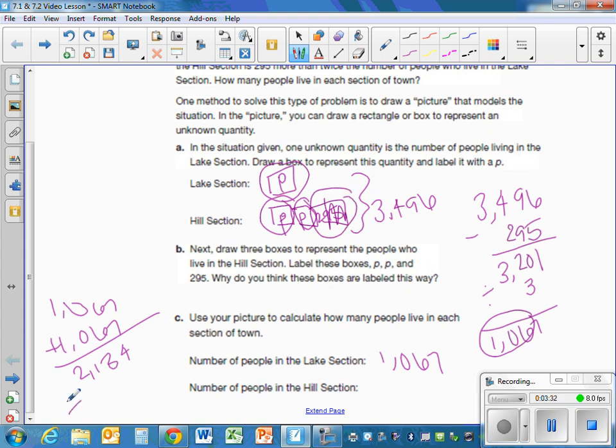So now I also need to add in the 295. And I should get a total of 2,429. This is the amount of people that live in the hill section. When I add those together, I get 3,496, which is again the total population.